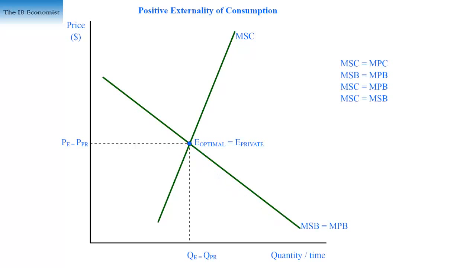As you can see, when we shift the marginal private benefit to the right, we are effectively moving the private equilibrium to become equal to the optimal equilibrium. So in this case, now the marginal social cost is equal to the marginal private cost, and we have managed to achieve the correct price and correct quantity.